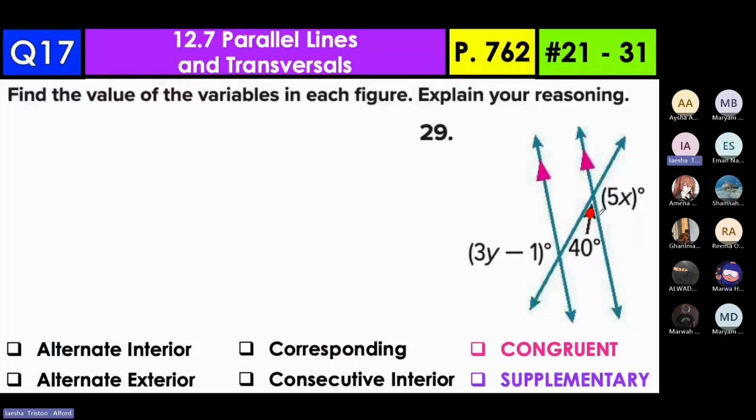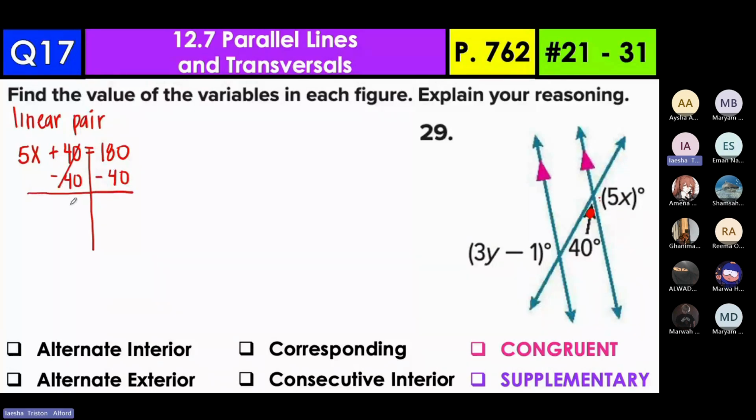So if we are talking about this angle and this angle, it has a name. What name is it? Linear pair. Okay, linear pair. Give me the equation. 5x plus 40 equals 180. Subtract 40 from both sides.